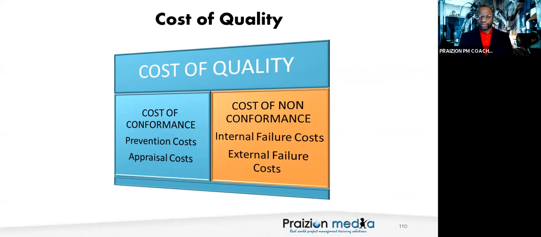Appraisal costs like destructive testing loss is also good. These are costs that you spend up front in order to ensure your customer gets a clean product.